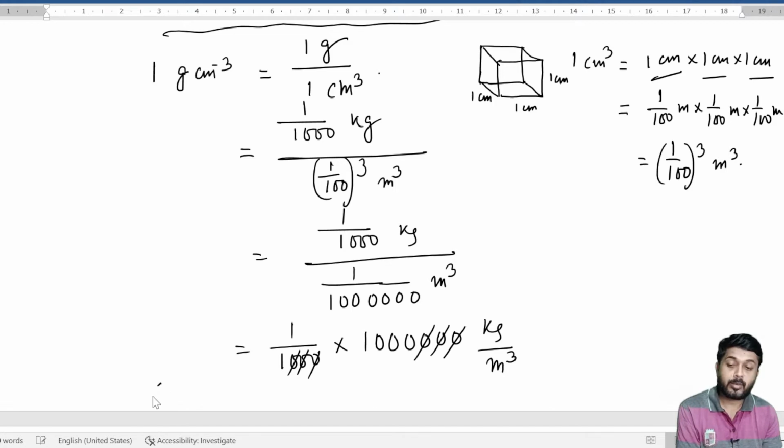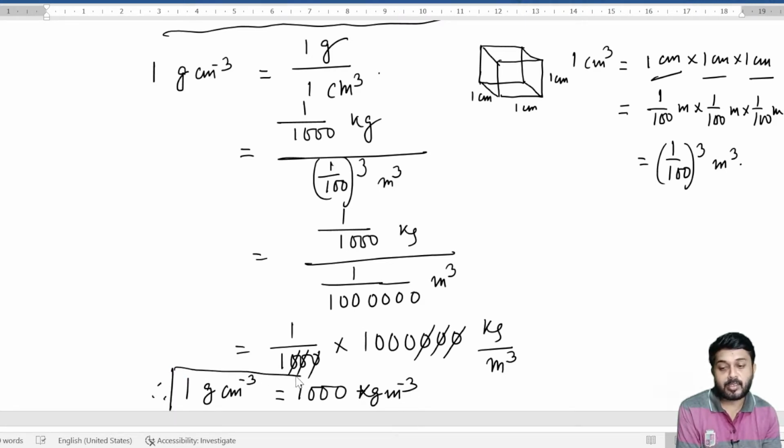So we can write 1 gram per centimeter cube is equal to 1000 kg per meter cube. Yes, that is what the relation is.